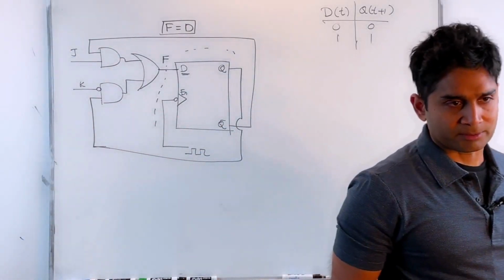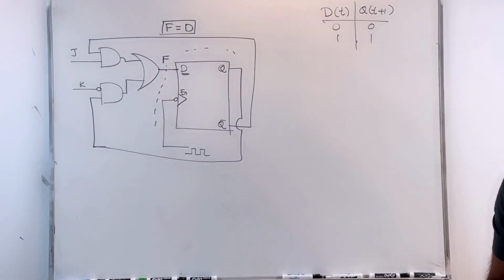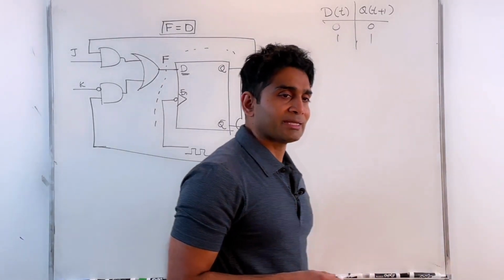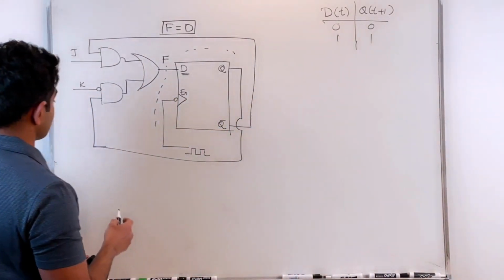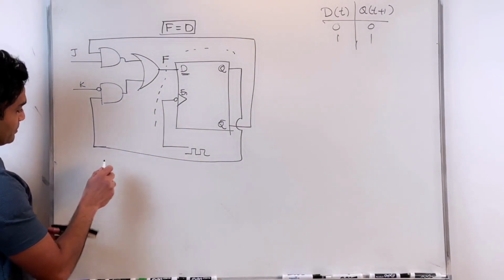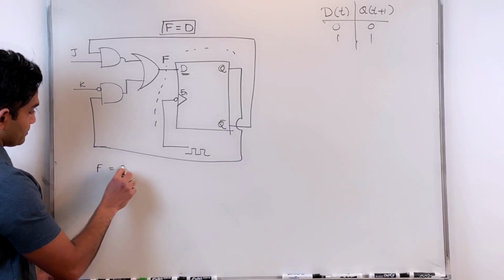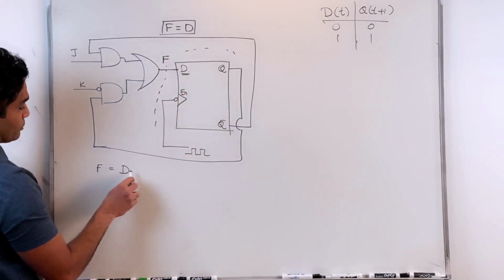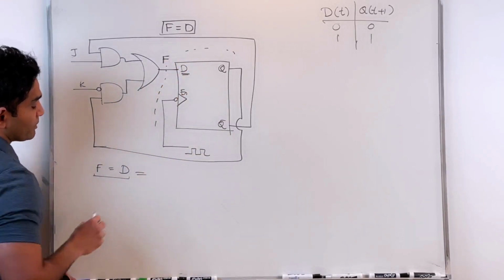So what is f here? If I want to write down the equation for f in terms of J and K and Q prime, what would that be? My f is nothing but D, right? My f is connected to D, so those are the exact same things. But what would that be equal to?